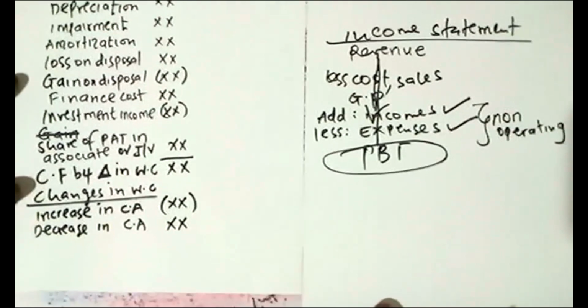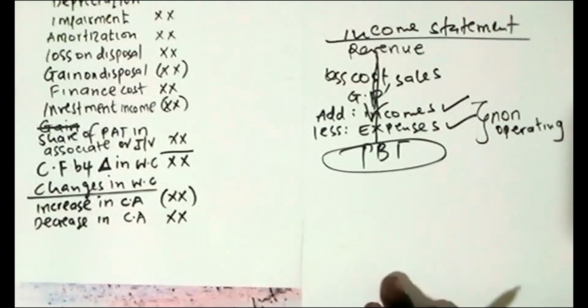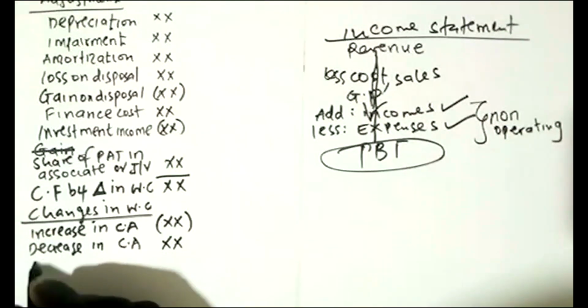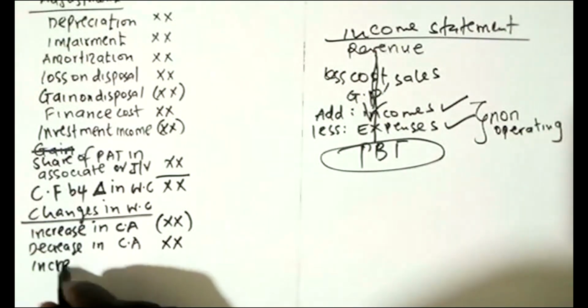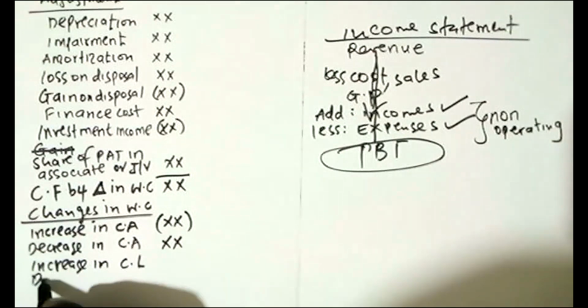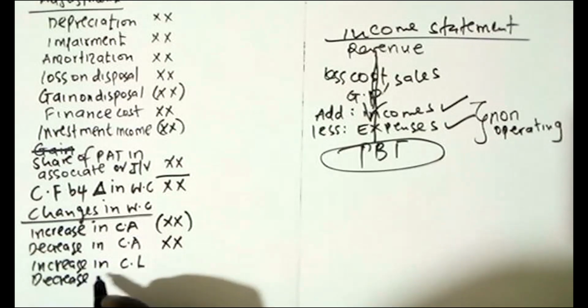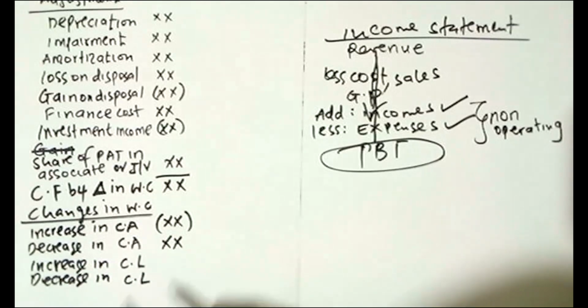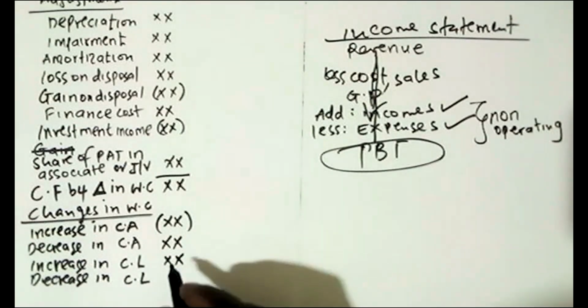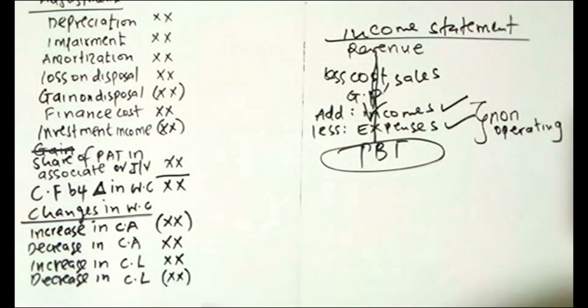Then you will come and check current liabilities, increase or decrease. Increase in current liabilities, you add; decrease, you subtract. Because with a decrease in liabilities, you have paid your liabilities.